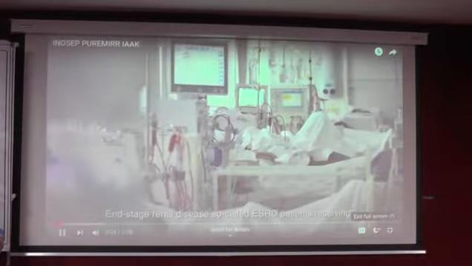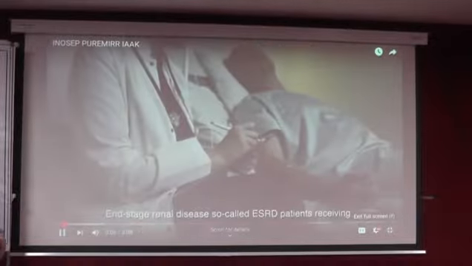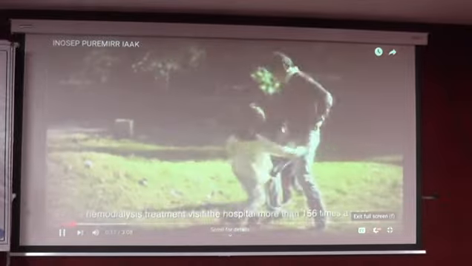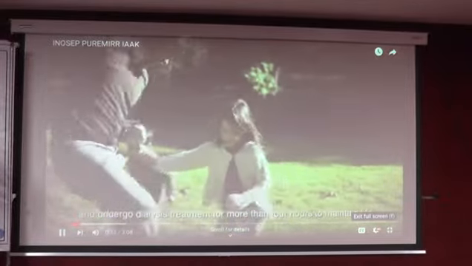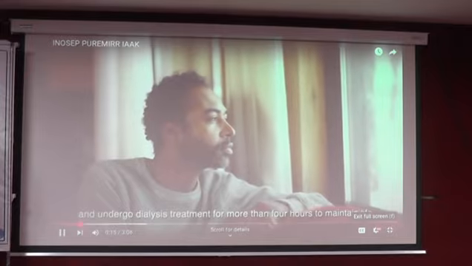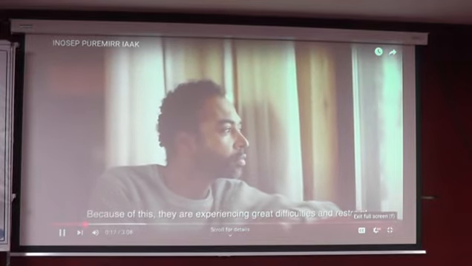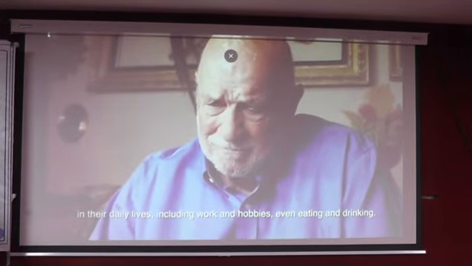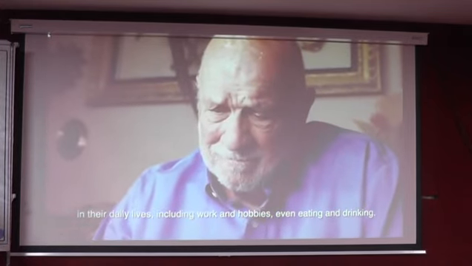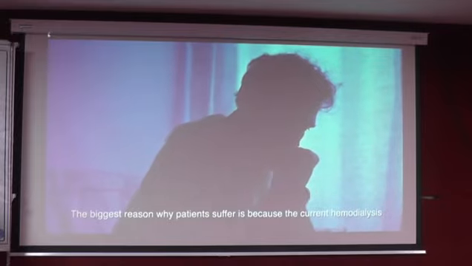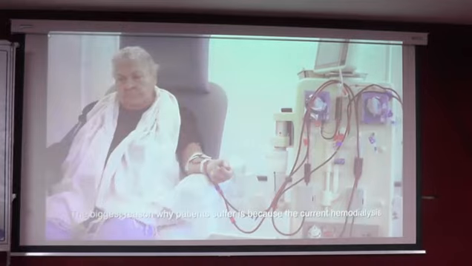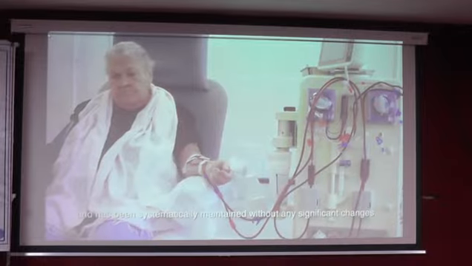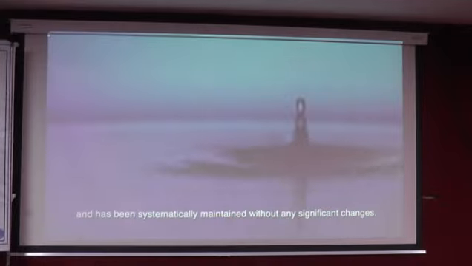End-stage renal disease, so-called ESRD patients receiving hemodialysis treatment visit the hospital more than 156 times a year and undergo dialysis treatment for more than 4 hours to maintain life. Because of this, they are experiencing great difficulties and restraint in their daily lives, including work and hobbies, even eating and drinking. The biggest reason why patients suffer is because the current hemodialysis treatment was established in the 1960s and has been systematically maintained without any significant changes.